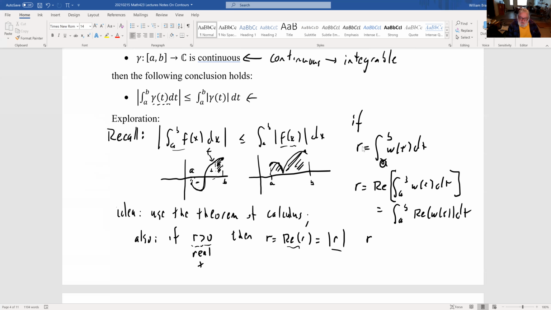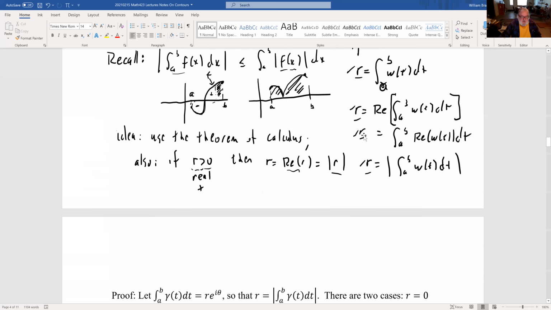And r is also equal to the integral from a to b of w of t dt. So this is a nice sort of chain of things. All these four things are all equal to each other if r is positive. So we're going to exploit this to get the proof of this. This isn't entirely a clear thing in here, but it is a useful one, and we'll need it later.